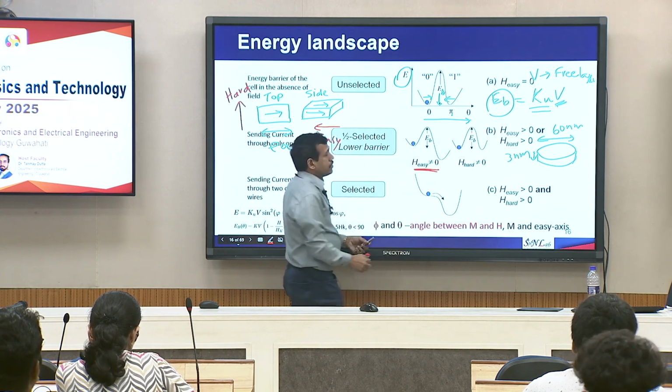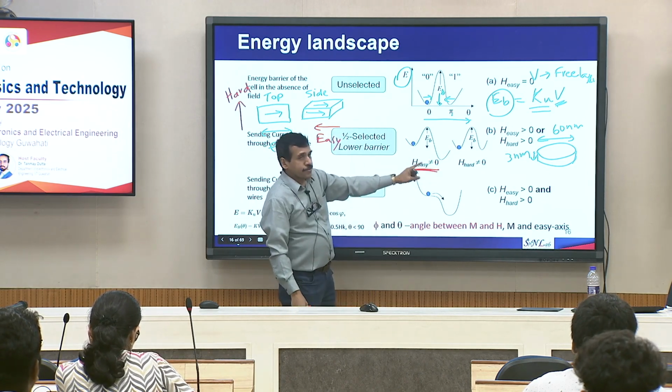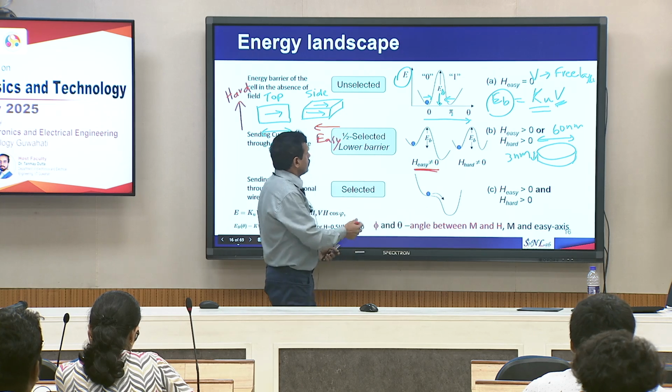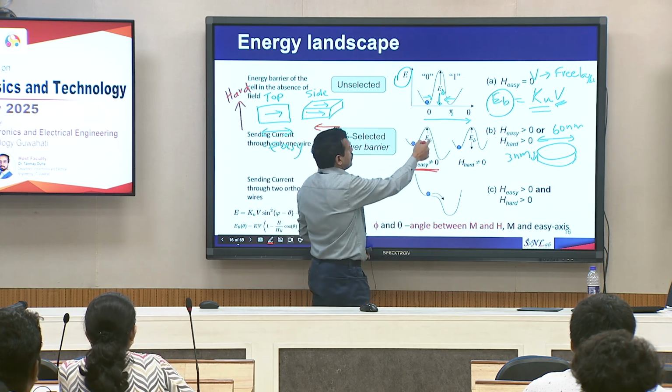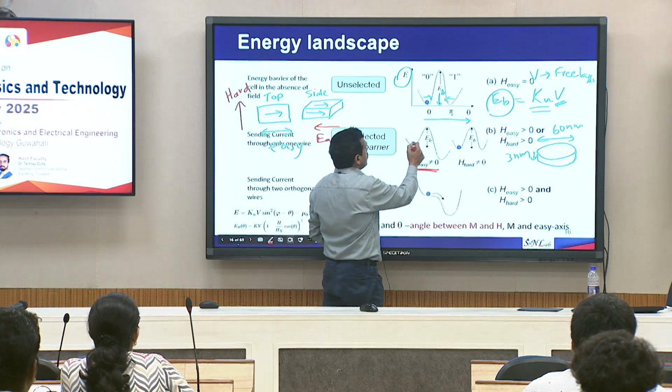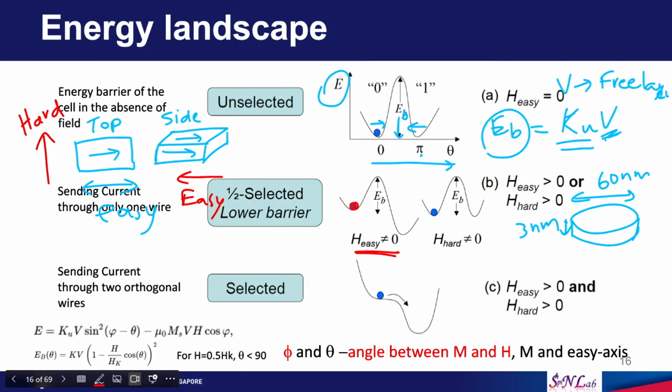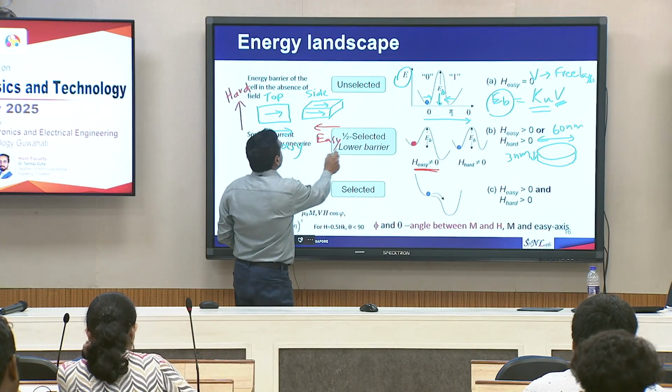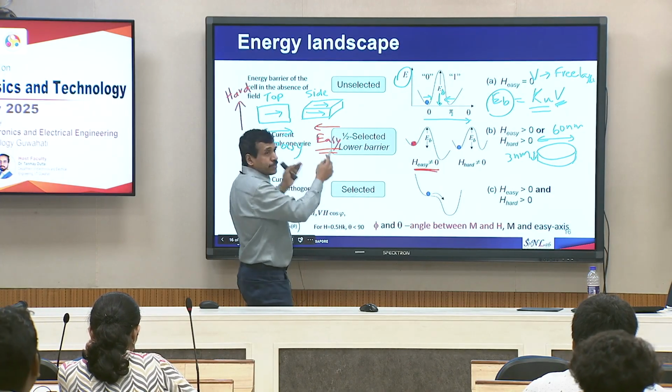So, now H E Z is not 0, it has some particular value. It changes the landscape like this. You can notice that this state is becoming more unstable. But this field is not enough to totally switch.